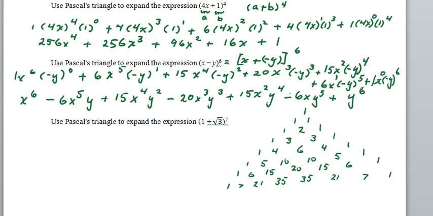And our last one in this group is 1 plus the square root of 3 to the 7th.